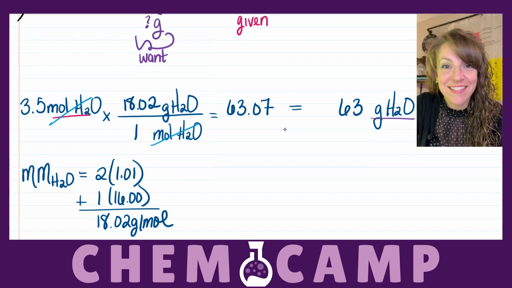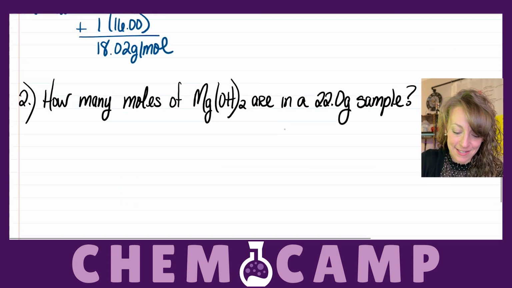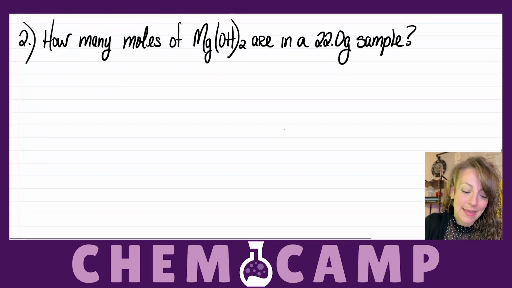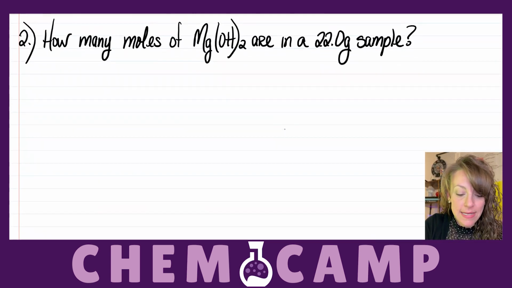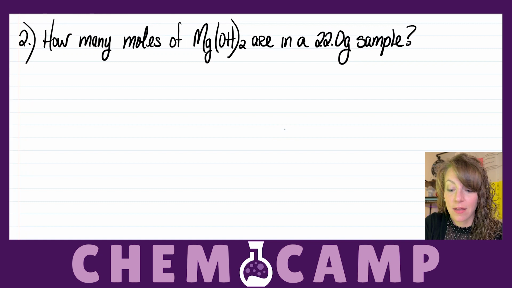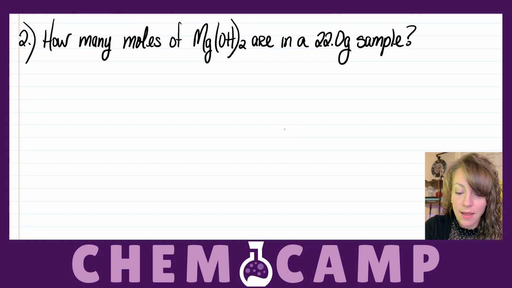Let's try a second one. Here in the second problem, they ask how many moles of Mg(OH)2 are in a 22.0 gram sample. So once again, our given is a number and a unit.